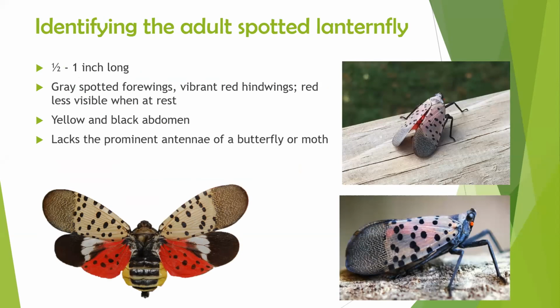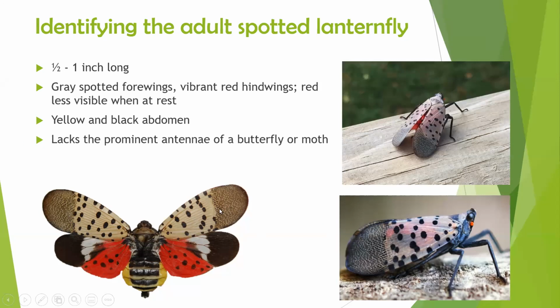Okay. The adults are fairly large insects compared to a lot of what we see in Massachusetts. Body size about an inch long, gray spotted forewings, and vibrant red hind wings. When the specimens are spread, like in the picture in the bottom left-hand corner here, you can really see the hind wings.